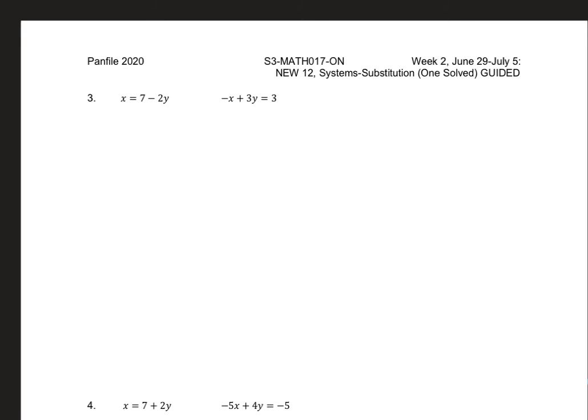I look at all my variables and I have x, I have negative 2y, I have negative x, and I have 3y. The only one that is isolated and positive is this x in my first equation. So that's the one that's solved.